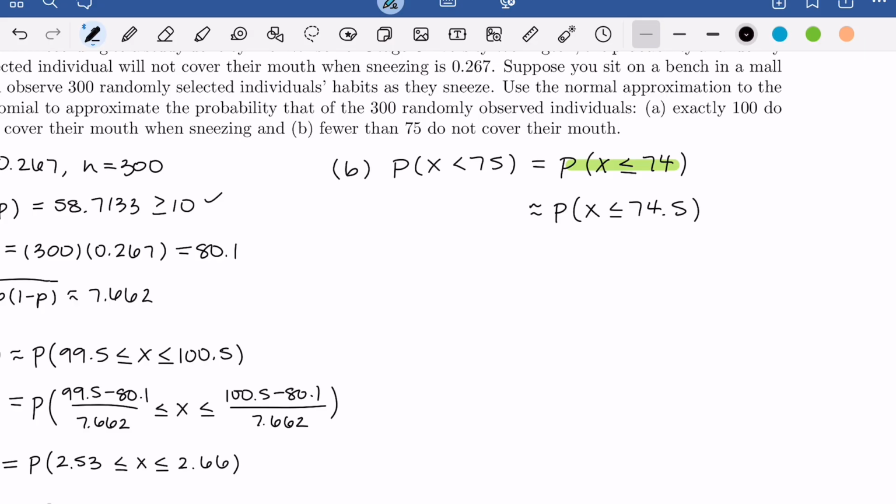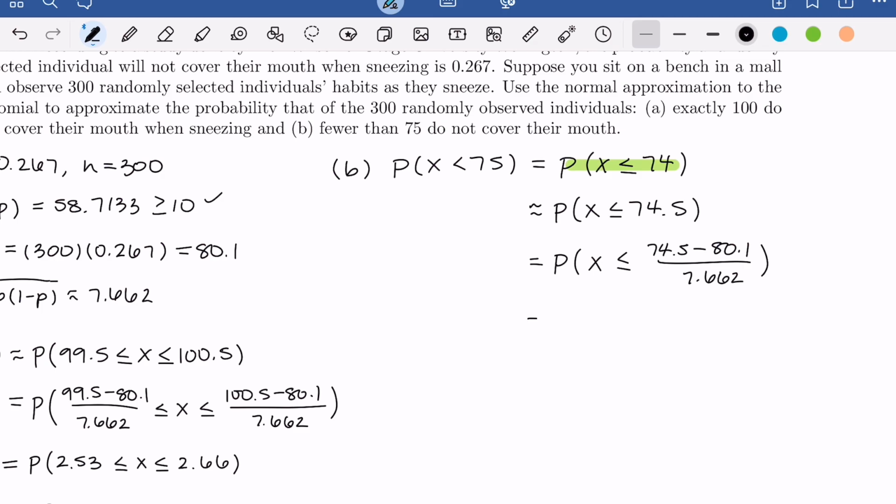So from here, we're just going to do the same thing that we saw in part A. This is the same thing as transforming this into our z-scores. So 74.5 minus our mean, divided by our standard deviation.